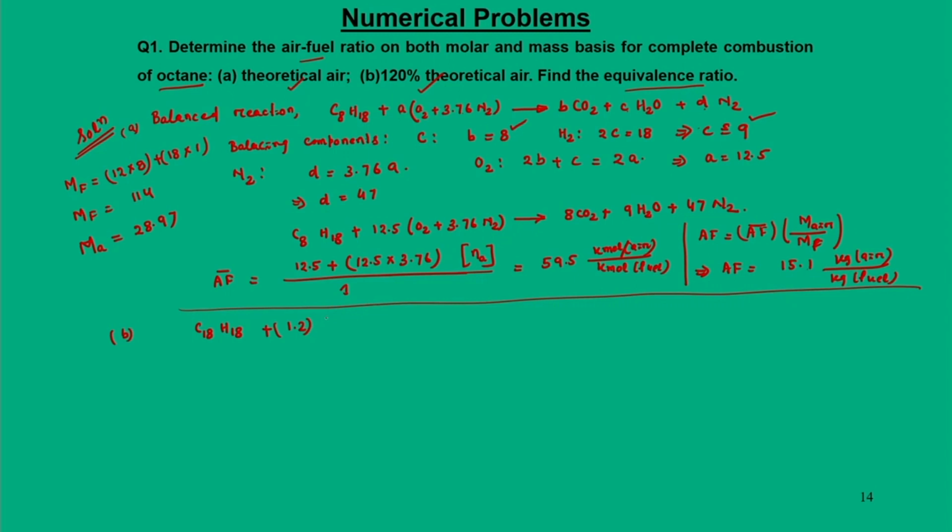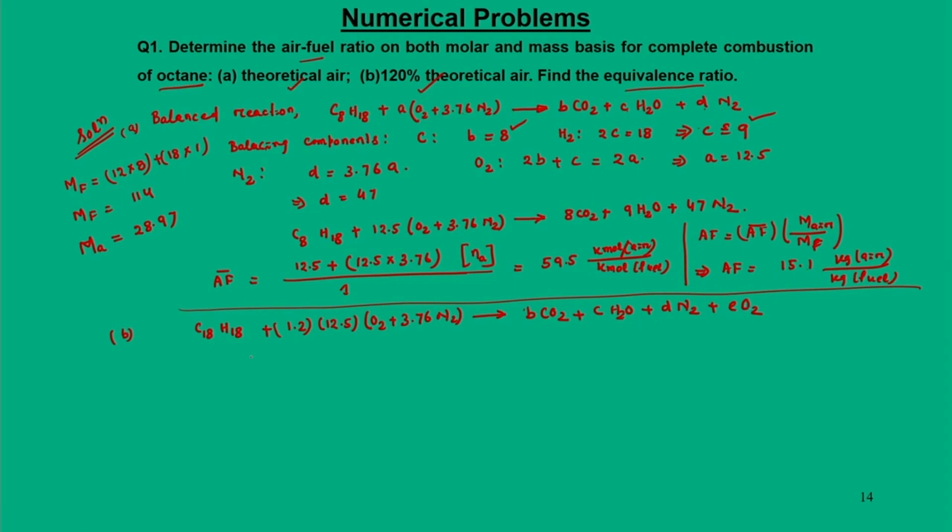I can write this as 1.2 into 12.5 into O2 plus 3.76 N2, which will give B times CO2, C times H2O, plus D times N2 plus E times O2. So, these coefficients need to be calculated.